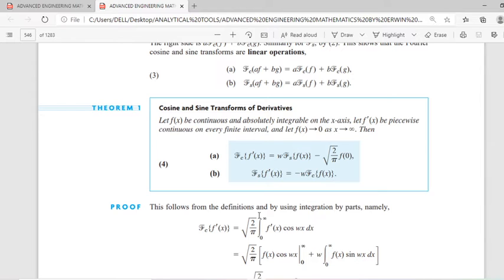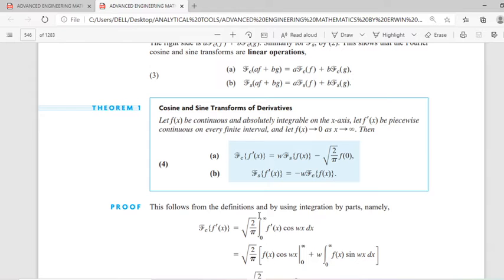Let f of x be continuous and absolutely integrable on the x-axis. Let f dash of x be piecewise continuous on every finite interval, and let f of x tend to 0 as x tends to infinity. Then fc of f dash of x equals w into fs of f of x minus root 2 by pi f of 0.